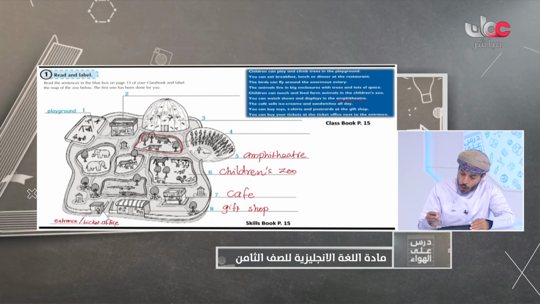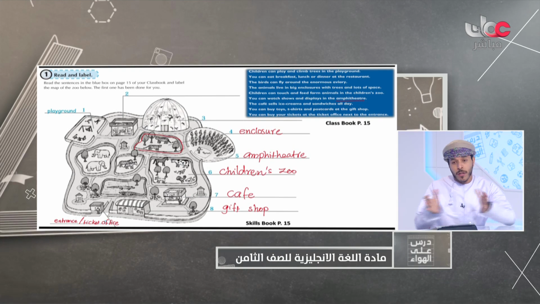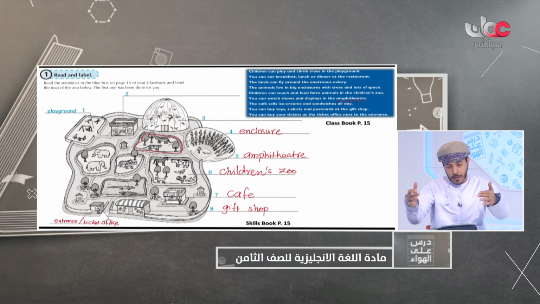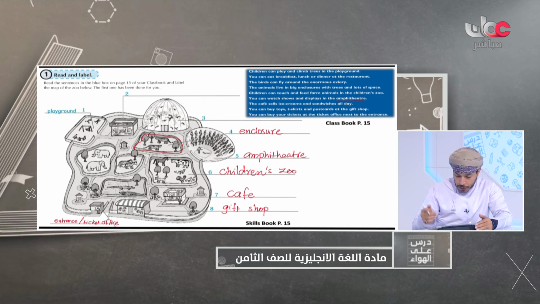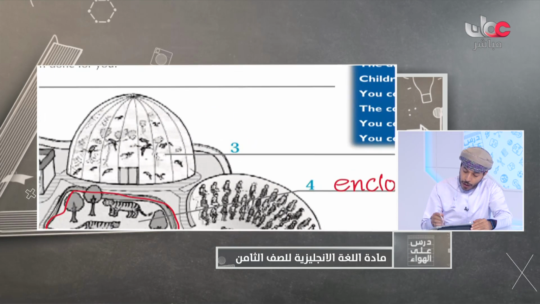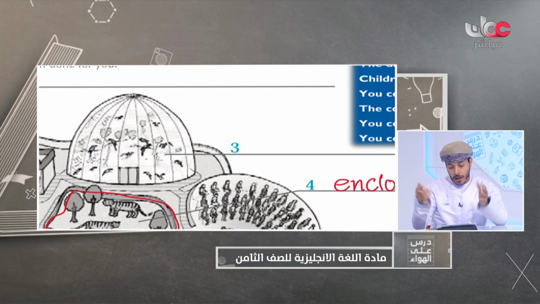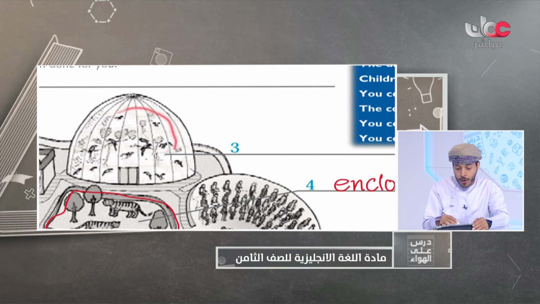And for number 4, we can see what? This one. We call it enclosures. An enclosure is like a cage, where you can keep animals inside. It's like an open area where you can keep animals in. And for number 3, if you look at it carefully, it is like a closed area, but it is full of birds.